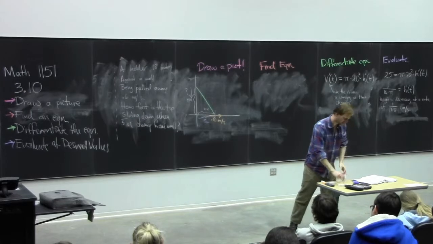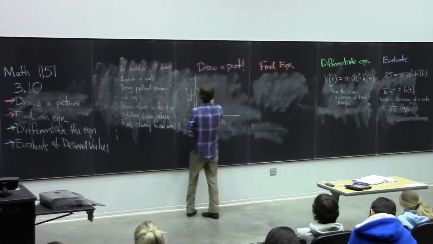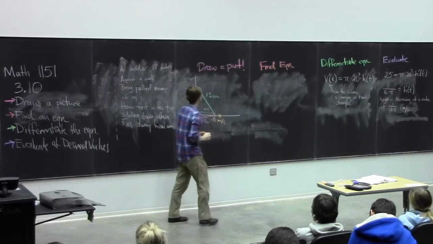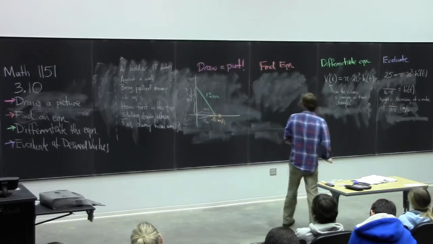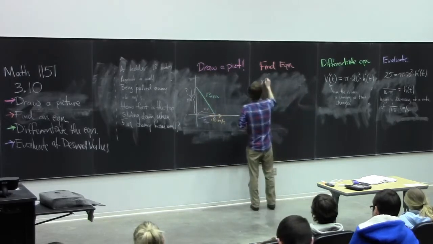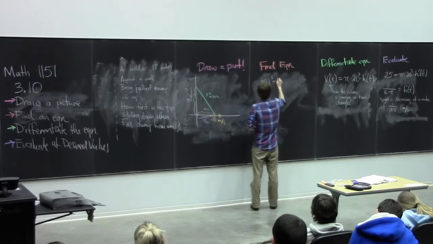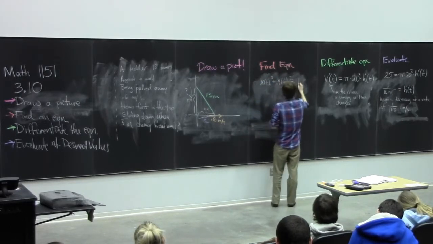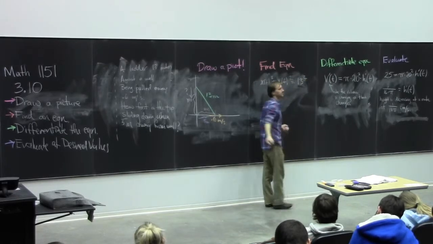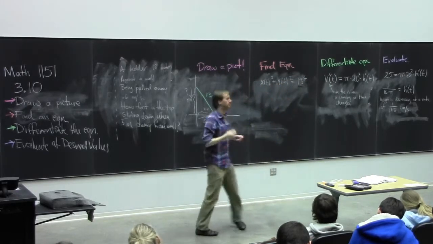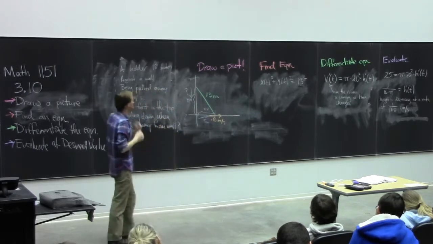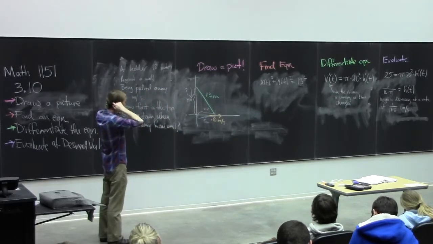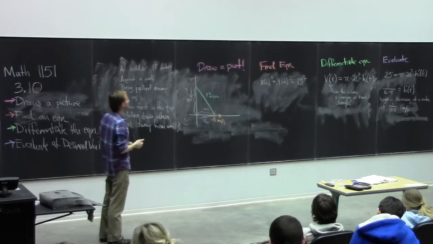So x of t squared plus y of t squared is equal to 13 squared.